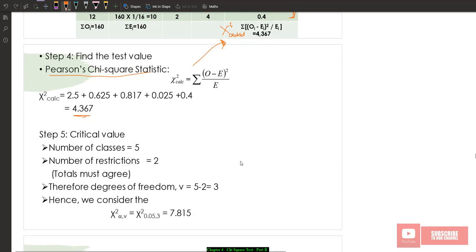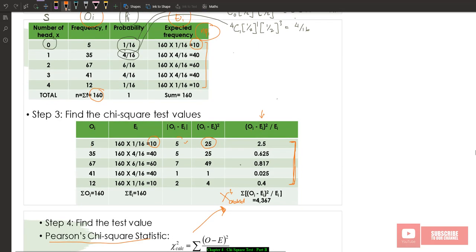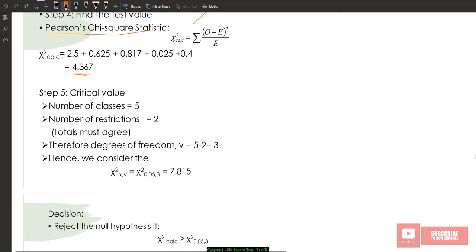Now step number 5. We have basically 5 classes: class number 1, class number 2, 3, 4, and 5. So this is our k.